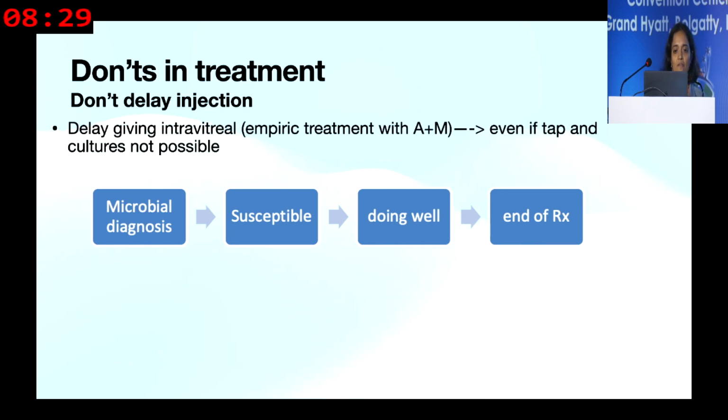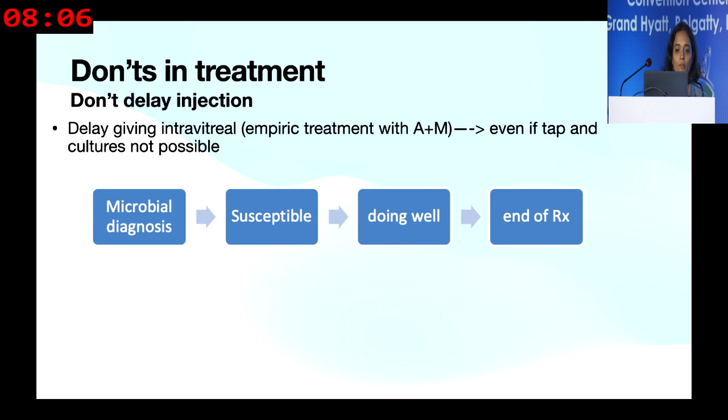And even if tap and cultures are not possible, it is always better to give an intravitreal empirically, because if we do get a microbial diagnosis and we see that this infection is susceptible to what we are already giving and the patient is doing well, that is the end of treatment.